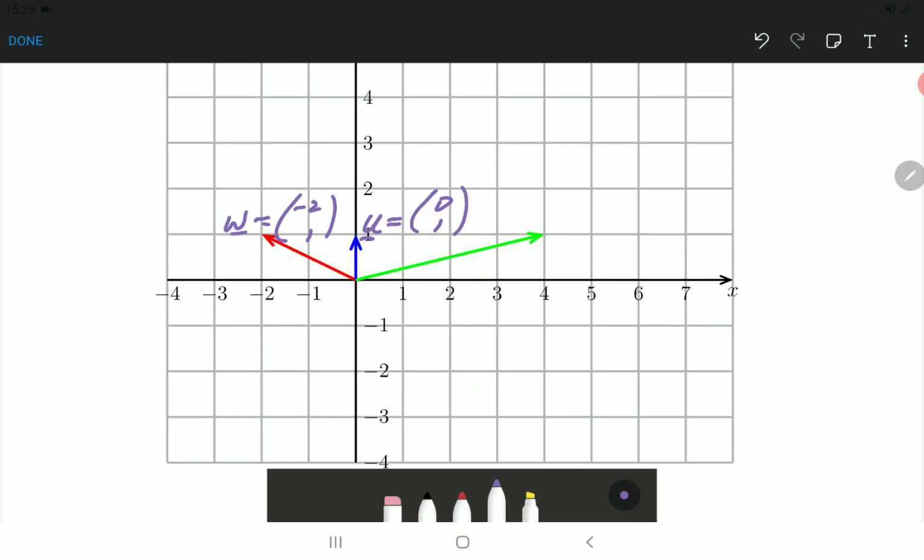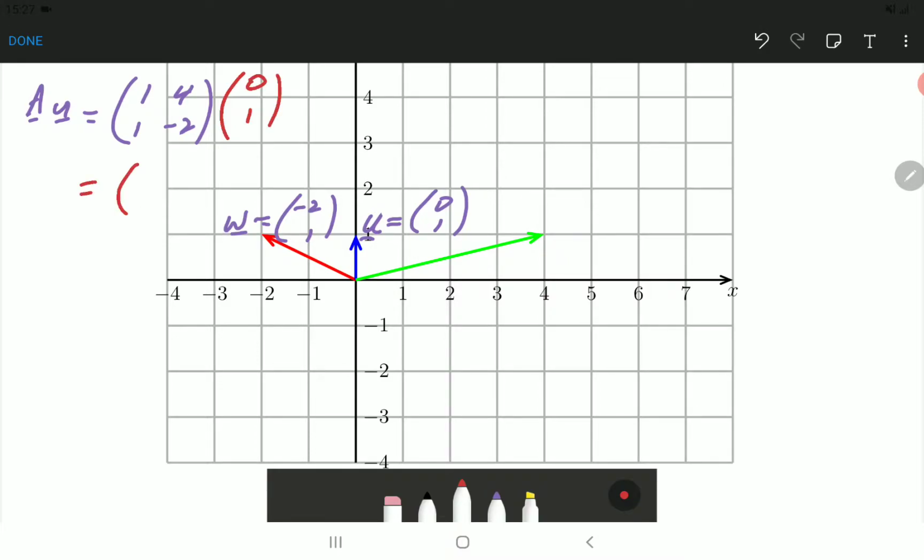Okay, so let's look at what happens when we apply the matrix A on u. So let's work out Au here. I've got 1, 4, 1, minus 2, times 0, 1.